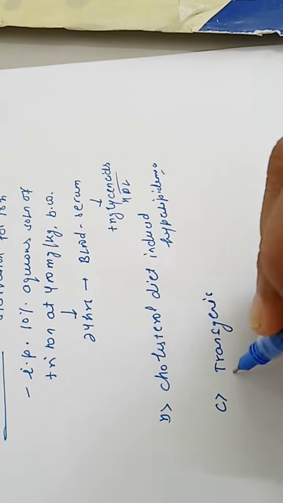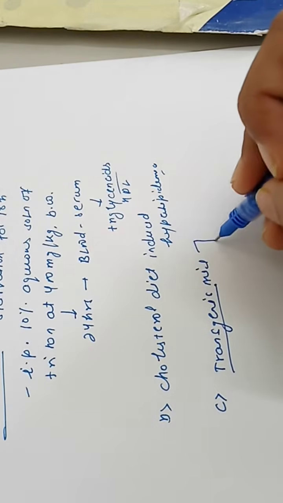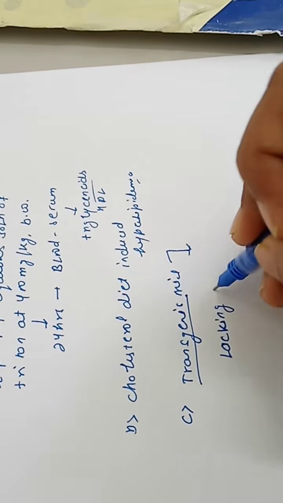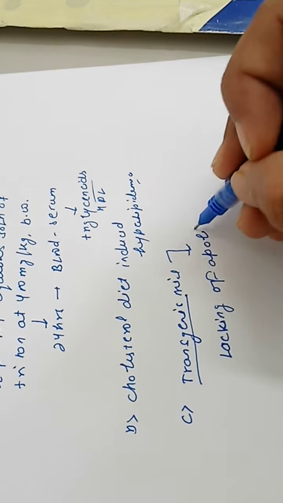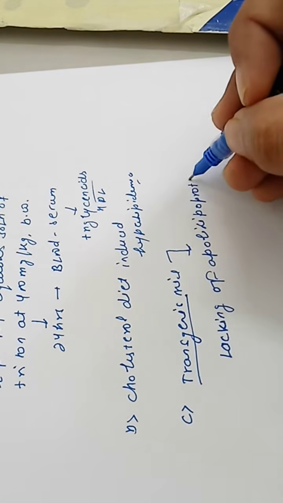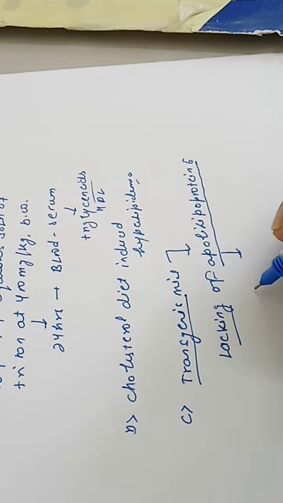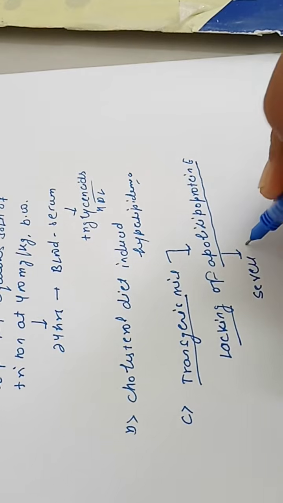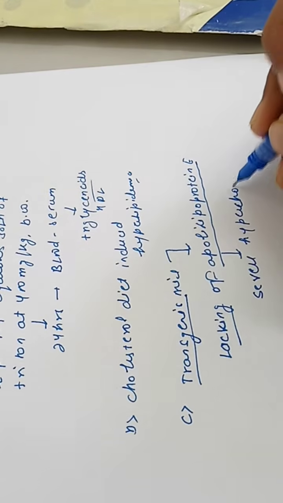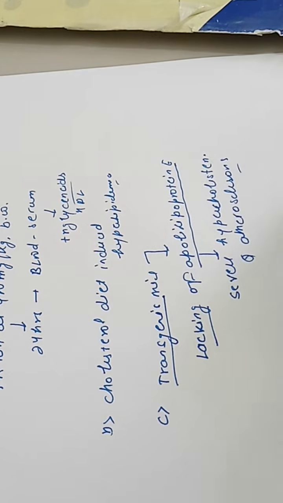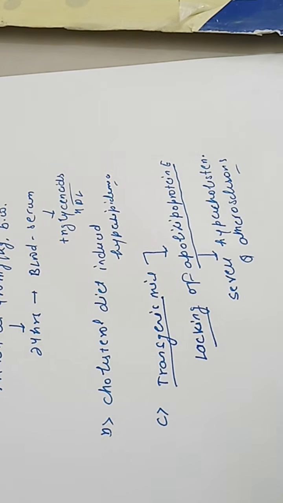In transgenic mice or rats for hyperlipidemia, there is a lack of apolipoprotein E. This lack of apolipoprotein E will result in severe hypercholesterolemia and atherosclerosis. So this is about your hyperlipidemic animal models.